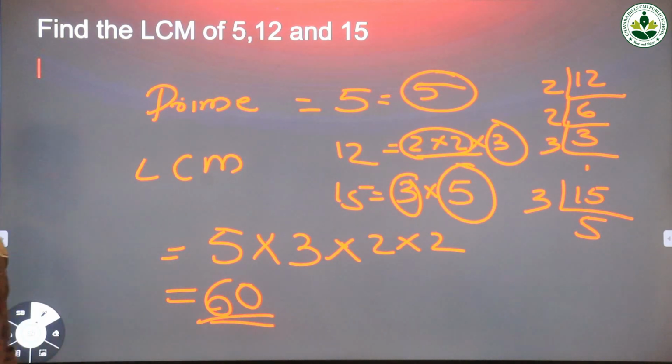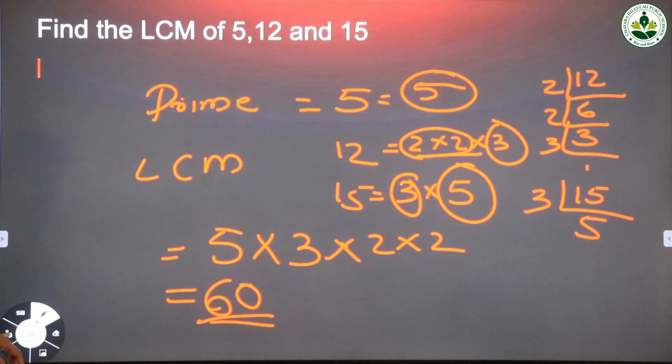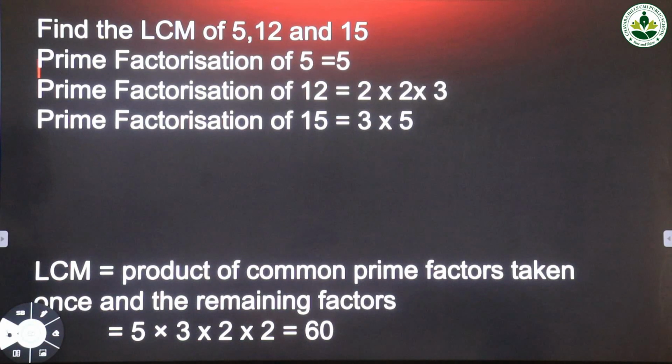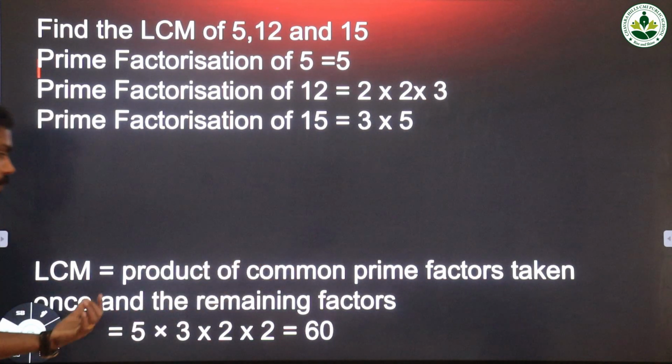We got the same answer as we found using the first method. Here the LCM of 5, 12 and 15, when we use the second method, the prime factorization method, is 60. Prime factorization of 5 is 5, prime factorization of 12 is 2 into 2 into 3, and the prime factorization of 15 is 3 into 5. So LCM means the product of common prime factors taken once.